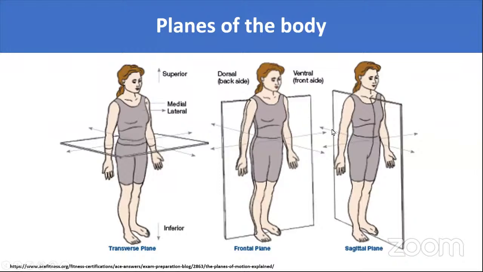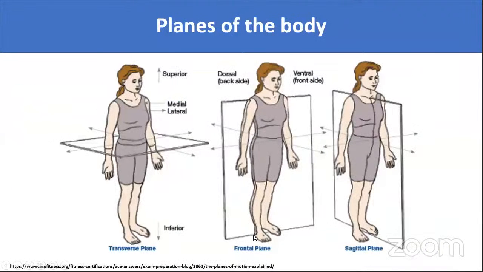Now the next one is the frontal plane. In case of the frontal plane, see how it is moving, it is passing. This frontal plane, the two dimensions are from one side to another side, that is from right to left or left to right, and it is from up to down or down to up. So these are the two dimensions for the frontal plane.